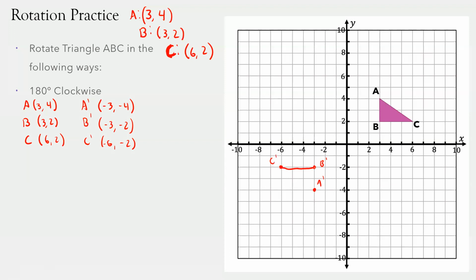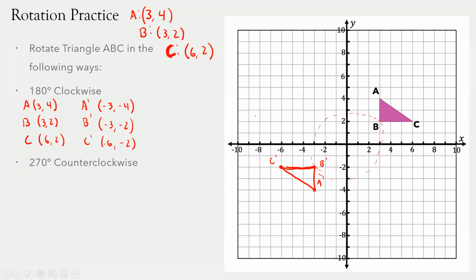So our new triangle is like this. And we can see that it's facing a different direction now. It's in the bottom left quadrant. And if you drew a circle around the center, the B's would all hit in a circle, the A's would all hit in a circle, and the C's would all hit in a circle. So with the center of the triangle, they've all been rotated.